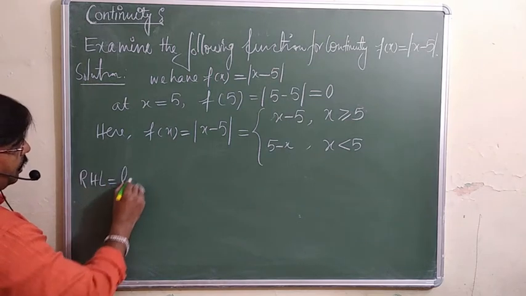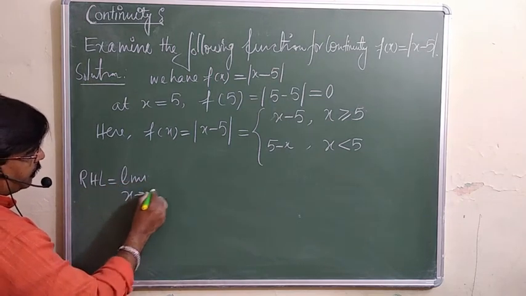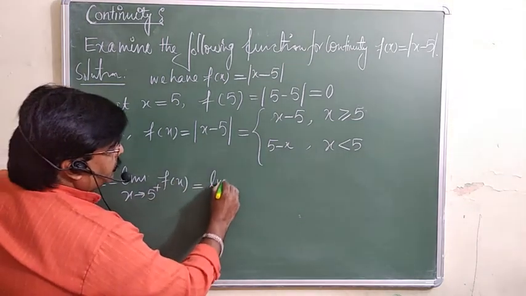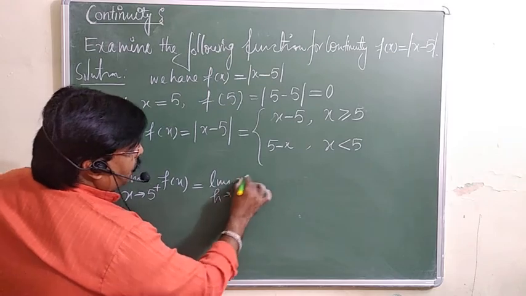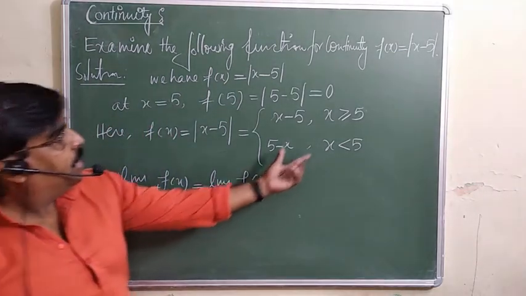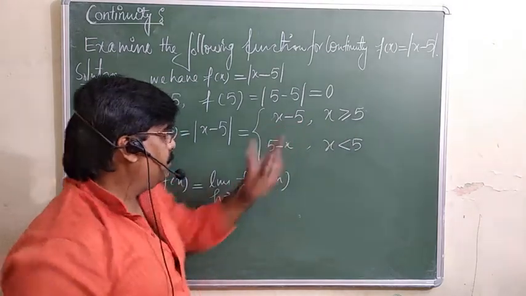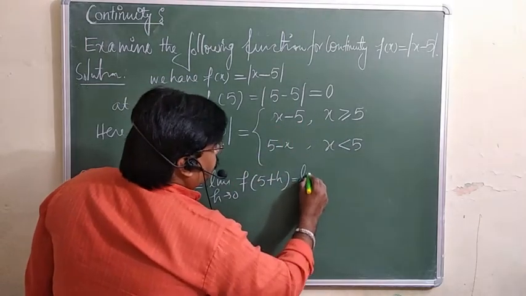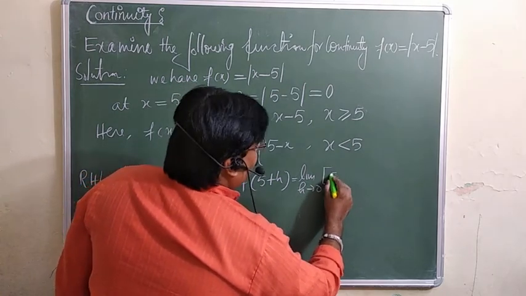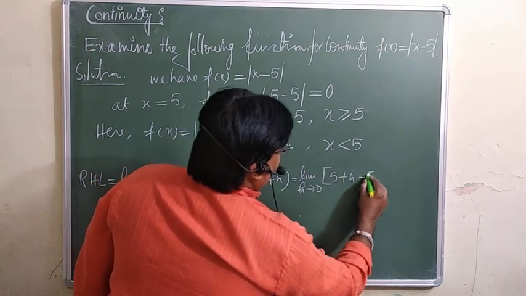Right hand limit, x tends to 5 plus f(x), is equal to limit h tends to 0 of f(5 plus h). So x is greater than or equal to 5, so this is equal to limit h tends to 0 of (5 plus h minus 5).